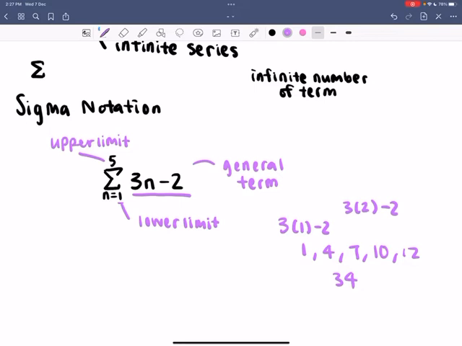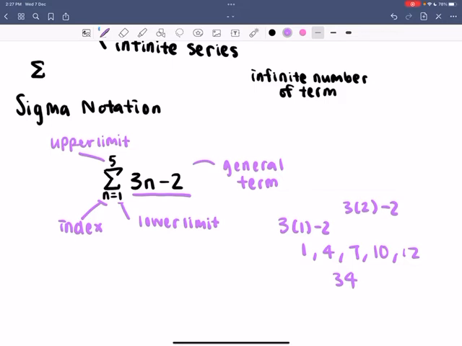And a kind of interesting thing is the n here. The n here is called the index, and it represents a variable. And the values of n would just be consecutive integers.